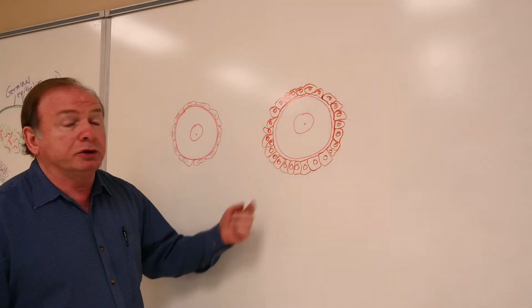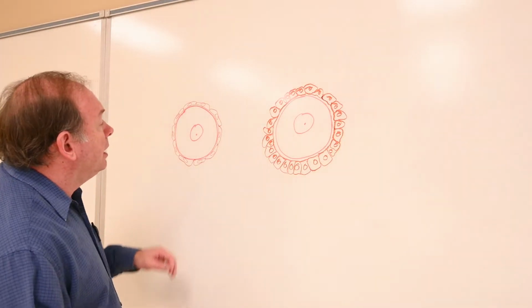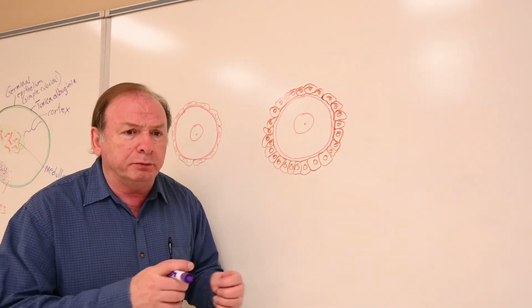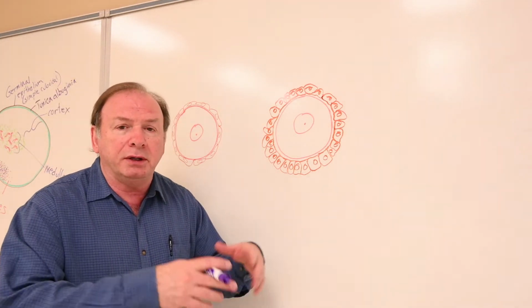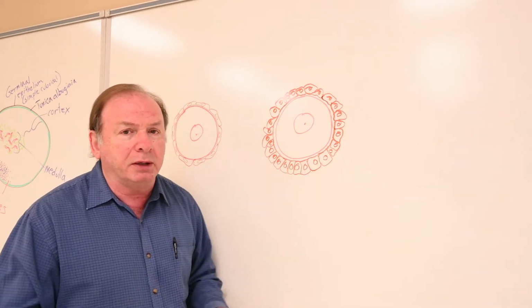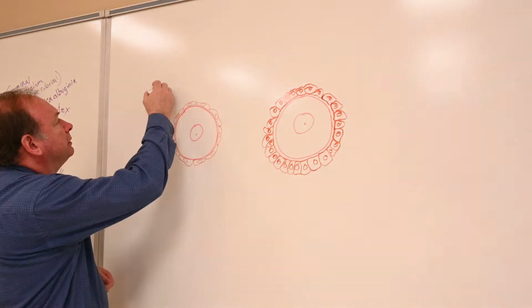In these two pictures, we have a couple of the early follicle stages. The resting state of the follicle from before birth even until it begins to develop sometime during the reproductive years is what we call a primordial follicle here.